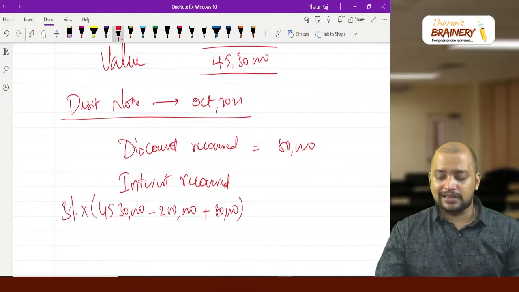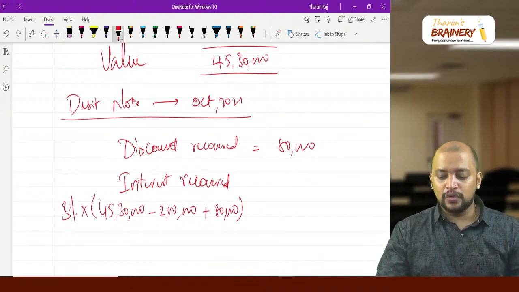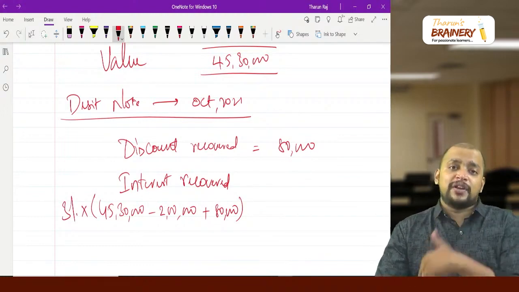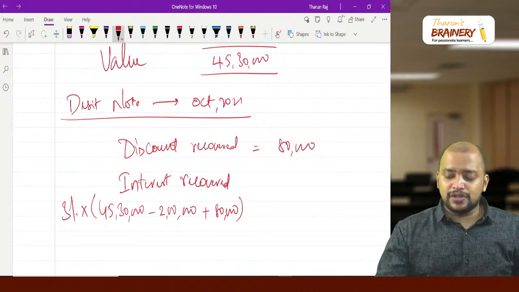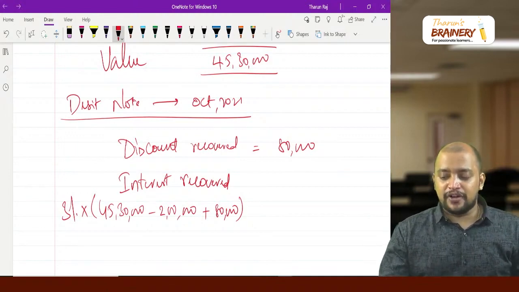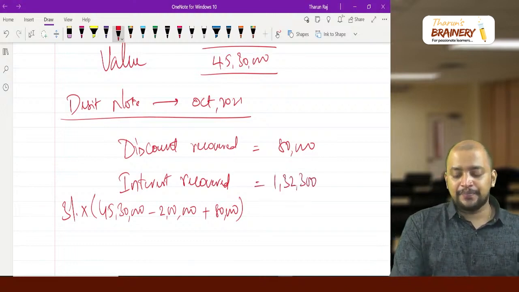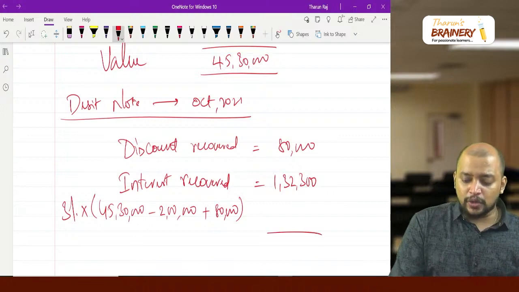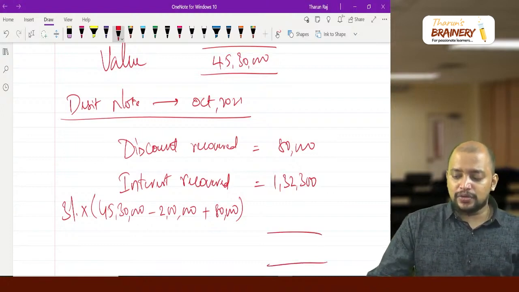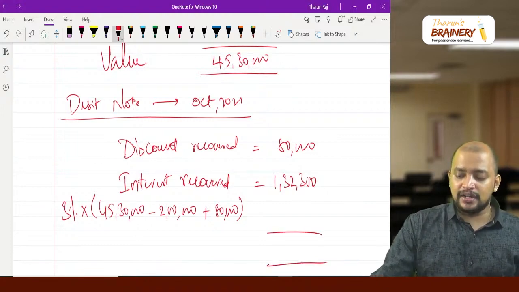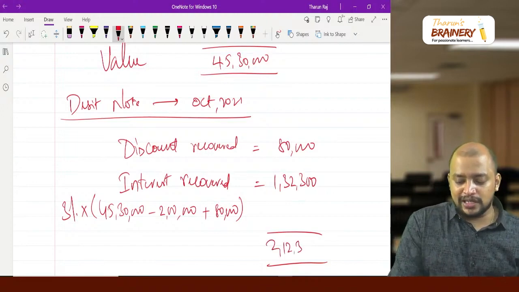So 45,30,000 minus 2 lakhs minus 80,000 is 44,10,000 into 3%, which is 1,32,300. Now, what is the total? 1,32,300 plus 80,000 will be 2,12,300.